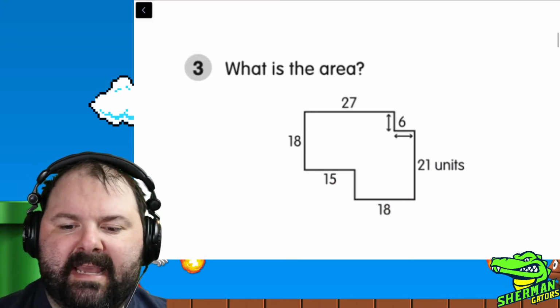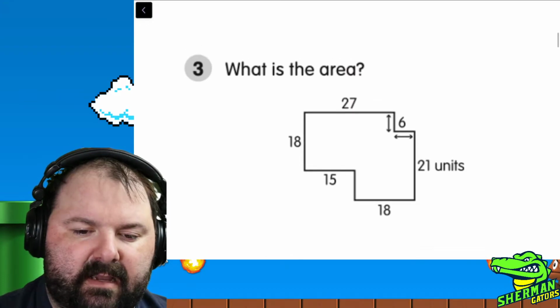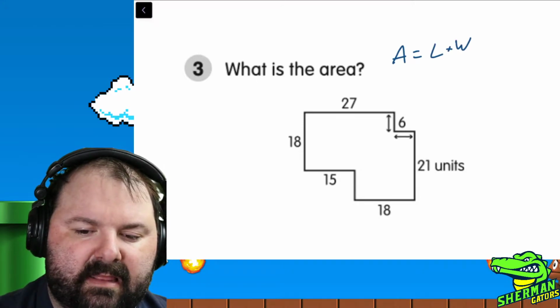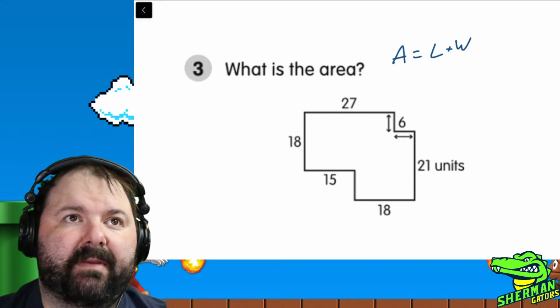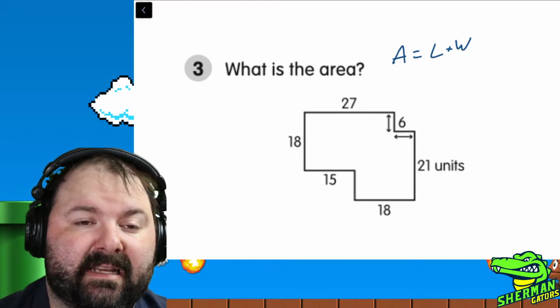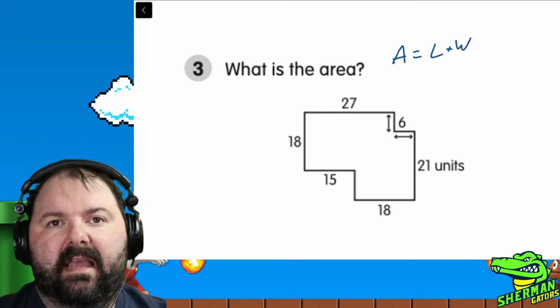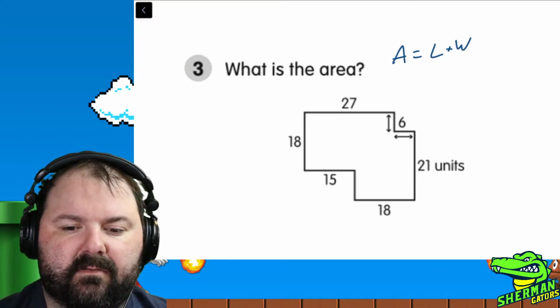Number 3, what is the area? Remember, area equals length times width. So you're going to have to figure out how to do this. You might have to cut the shape into multiple different shapes and then add them together. Hint, hint, hint. And the first code word of the day is Nintendo.